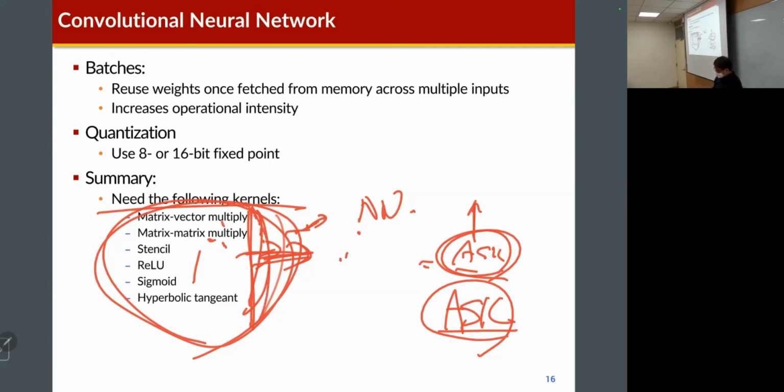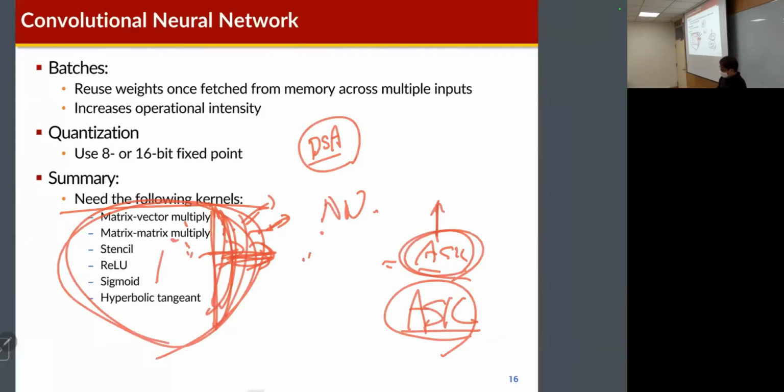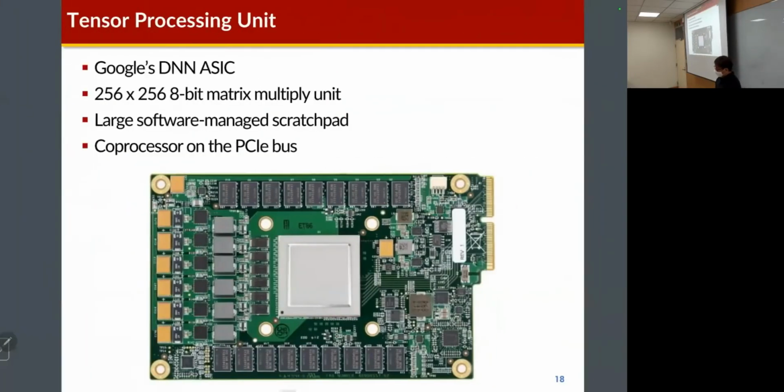Because these computation kernels are frequently used, we can build some domain-specific architectures that can accelerate the performance of these functions. Okay, Google TPU.